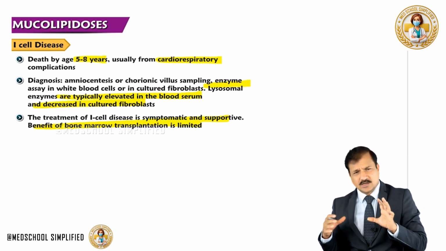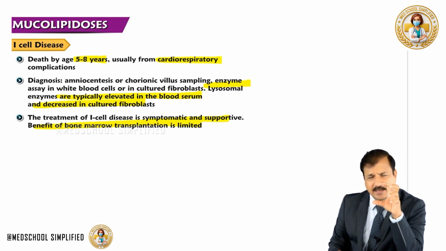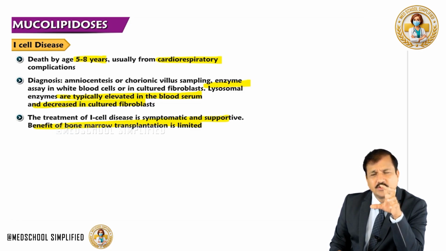And also going over a little bit into the diagnosis, like staining the material. The tissue staining will show accumulation of all kinds of material: carbohydrate accumulated, lipid accumulated, proteins accumulated, nucleic acid accumulated.